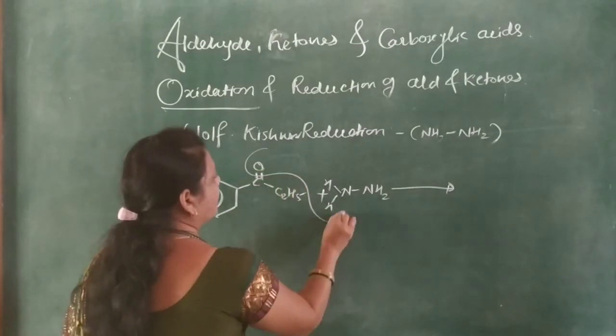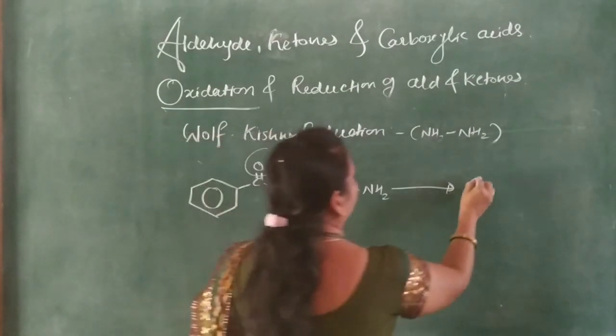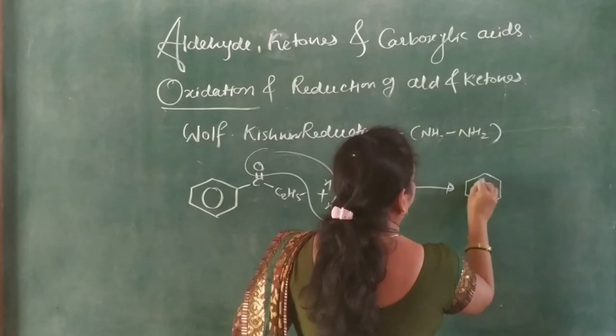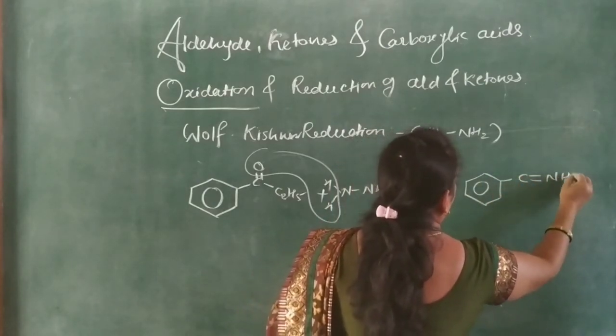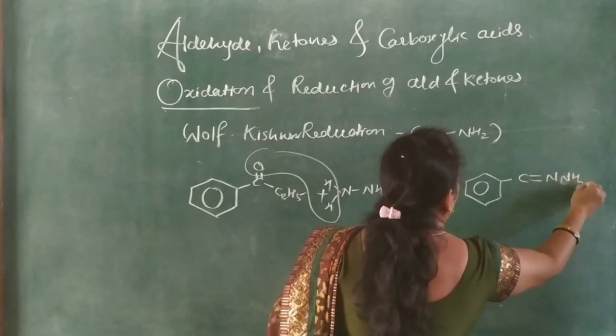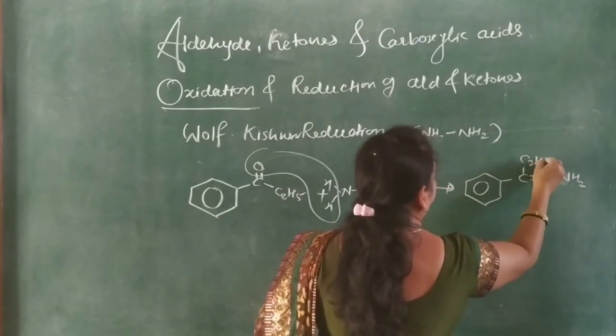Then this O combines with 2H and forms the hydrazone: phenyl C double bond N NH2 and here C2H5.